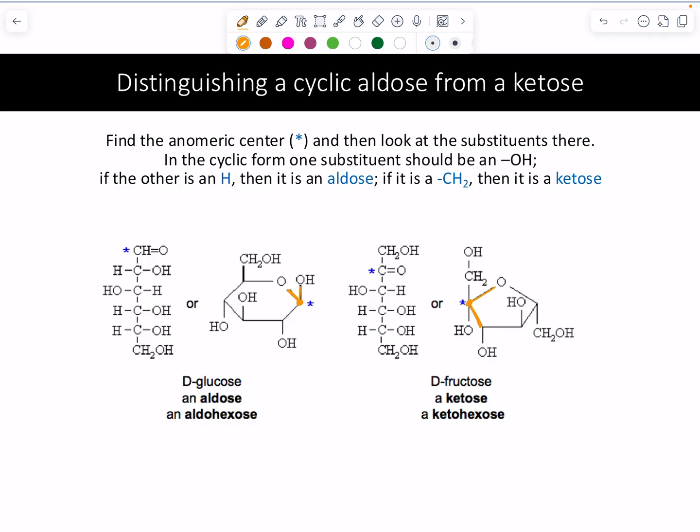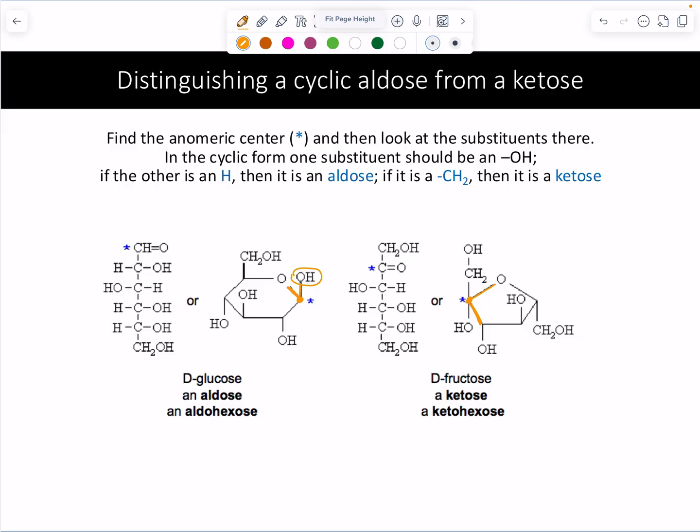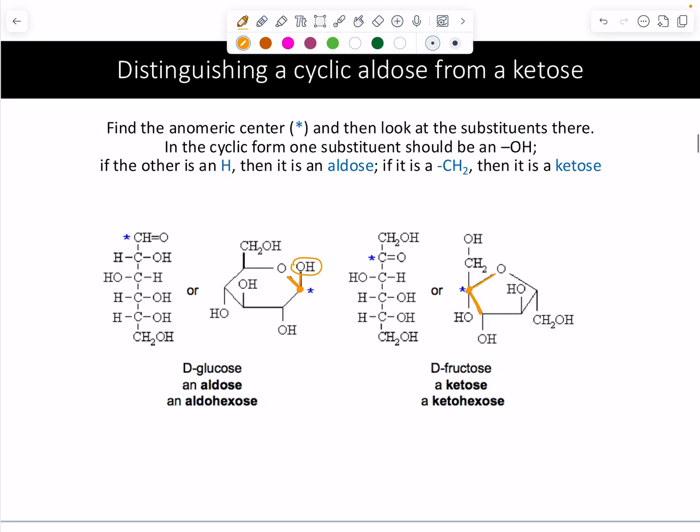In the case of an aldose, it's just going to have the hydroxyl, because the hydroxyl that reacted with the aldehyde was reacting with carbon 1, and that leaves you with a hydroxyl group.